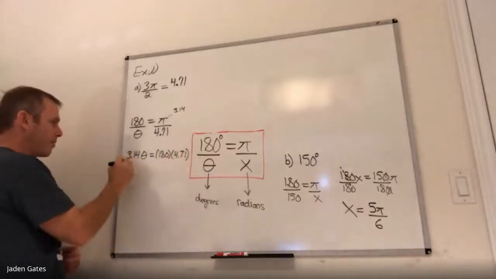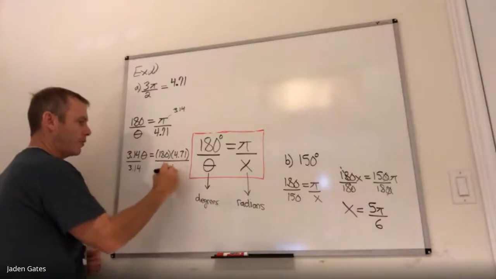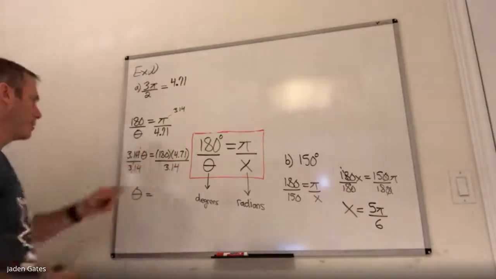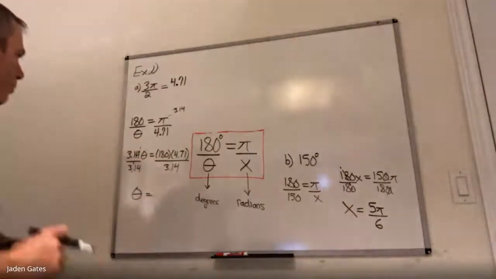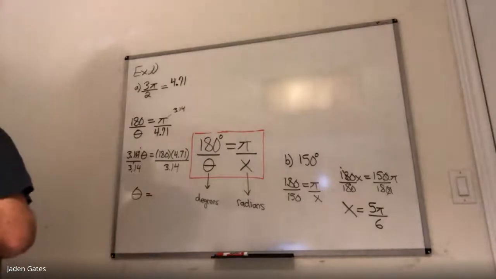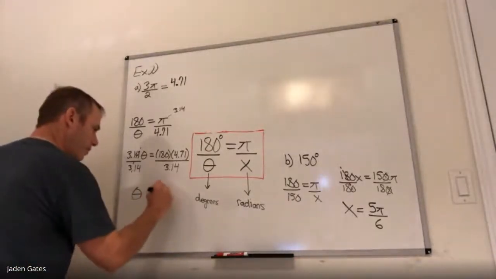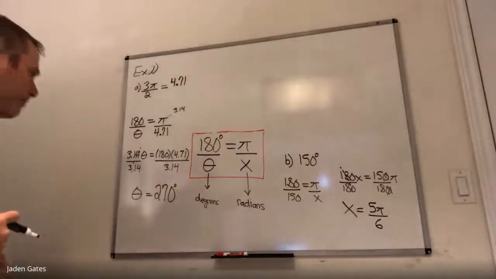Again, dividing by my numerical coefficient here, divide by 3.14 on both sides. And so my angle, I got 180 times 4.71 divided by 3.14. And what am I getting here? I got 270 degrees. There we go.